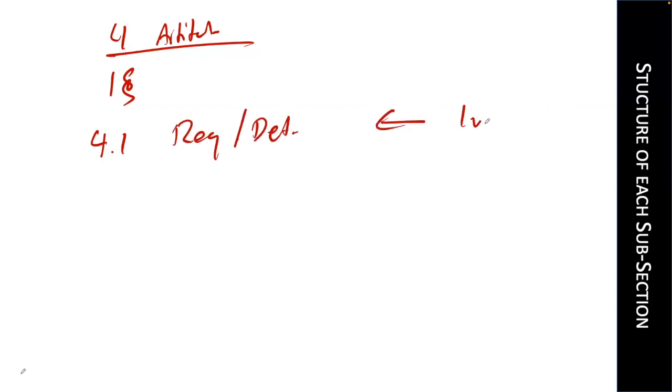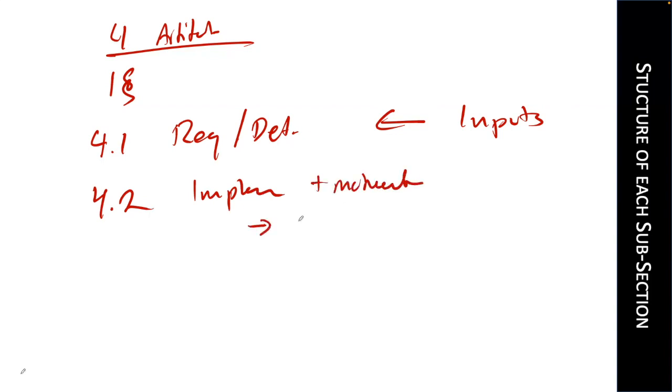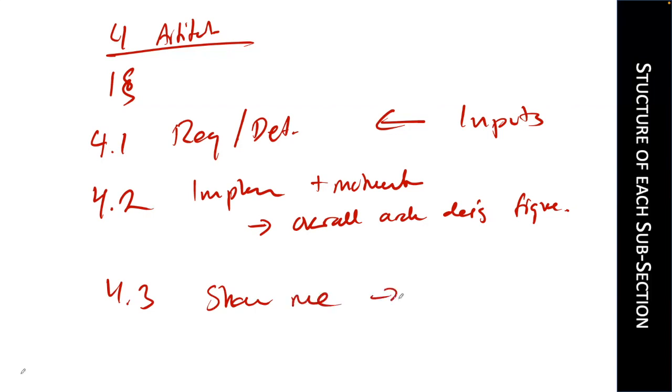See it as the inputs. 4.2 is the actual implementation with all the motivations. Do not forget to put that overall architectural design figure. And 4.3 is that you have developed it, now show me, which is the demo.